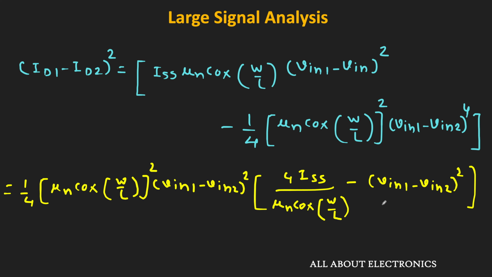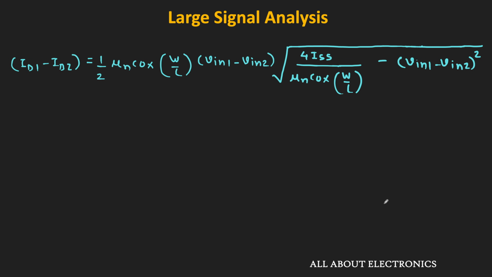So now if we take the square root on both sides, then we will get this id1 minus id2, that is equal to this half times mu n times Cox times W by L times (V in 1 minus V in 2) times square root of 4 times ISS divided by (mu n times Cox times W by L) minus (V in 1 minus V in 2) whole square.